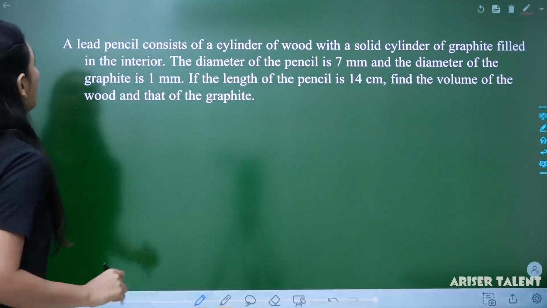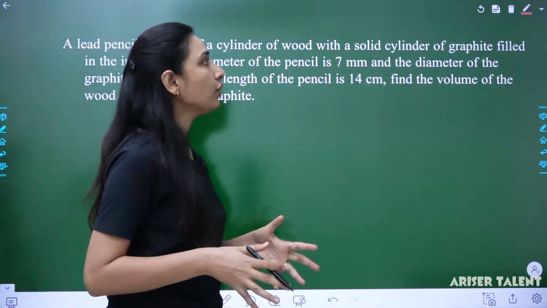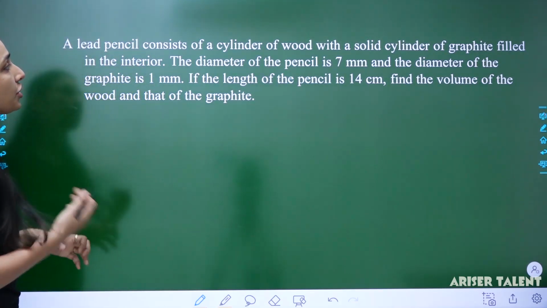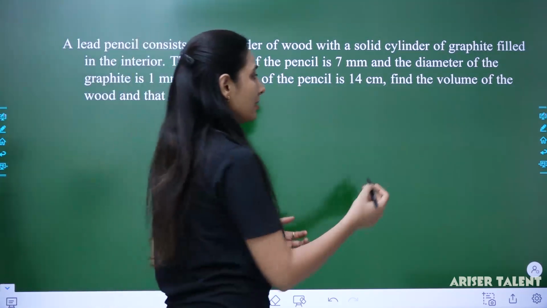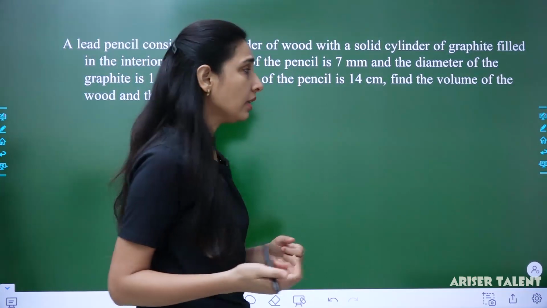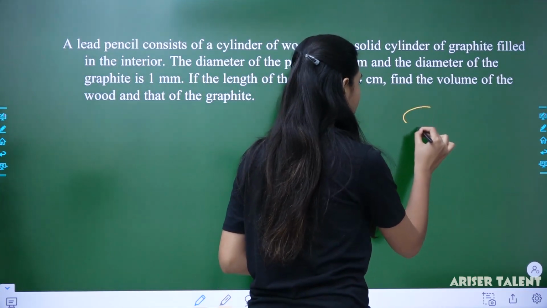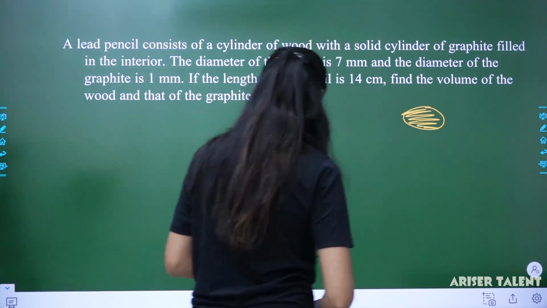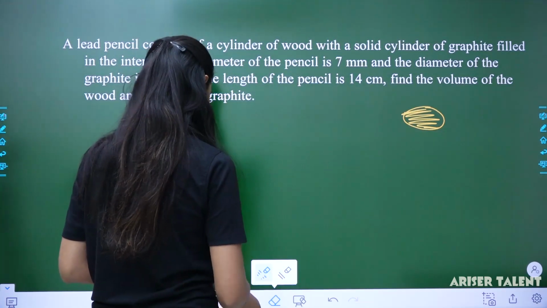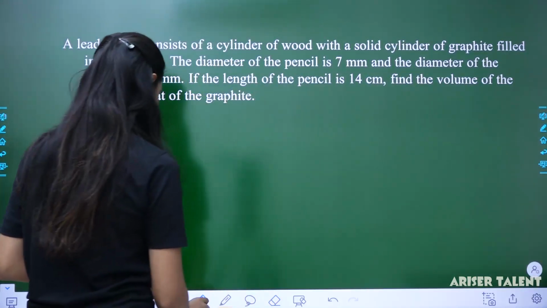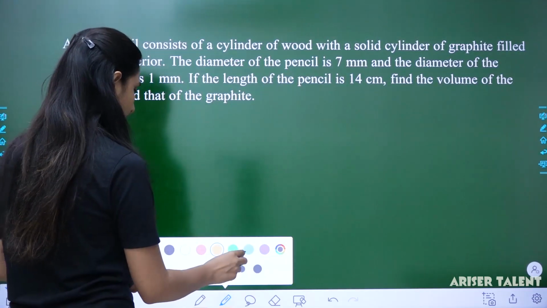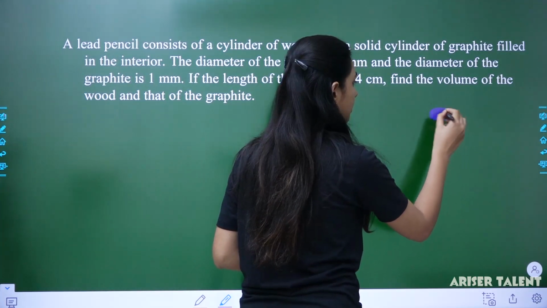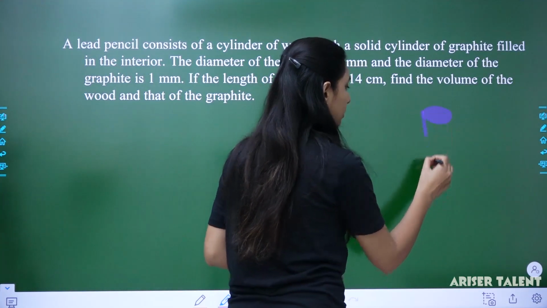Now the next one, a lead pencil consists of a cylinder of wood with a solid cylinder of graphite filled in the interior. How the pencil is, if you have not sharpened it yet, then the pencil is something like it's having the graphite inside. Let's suppose this is the graphite one. Okay, or we can use a different color. So this is the inner part of the pencil.